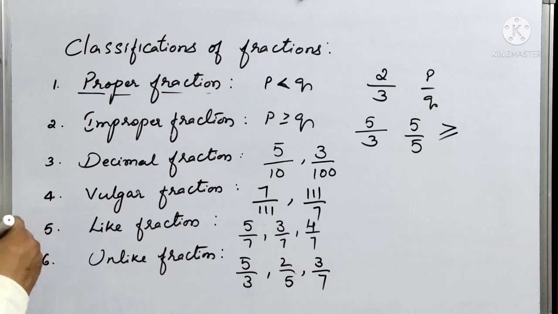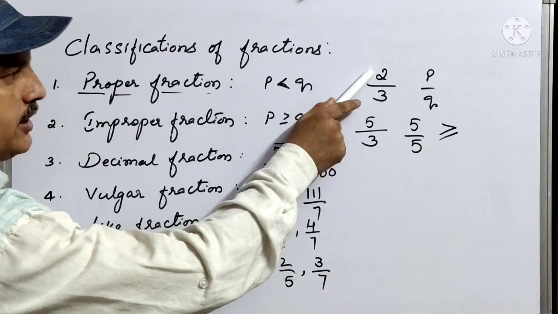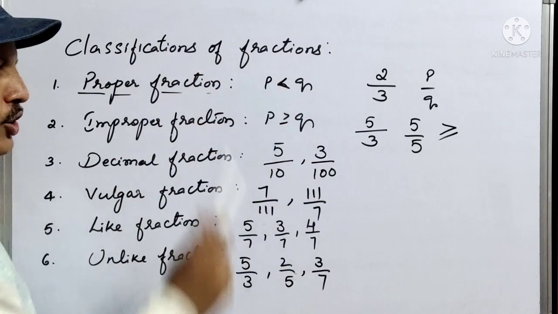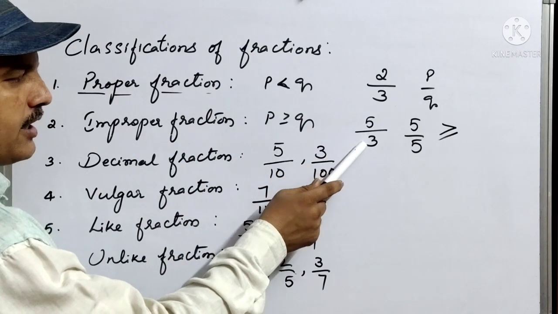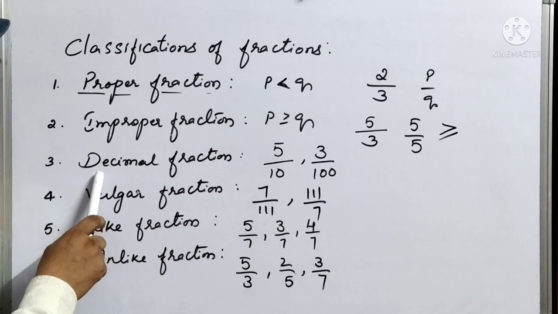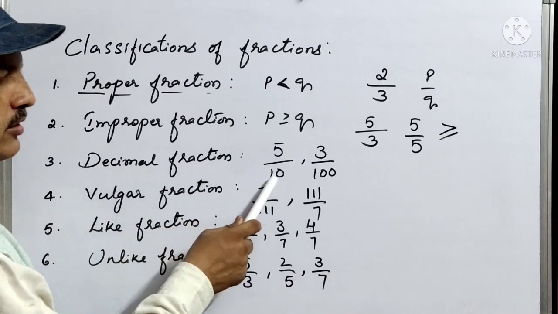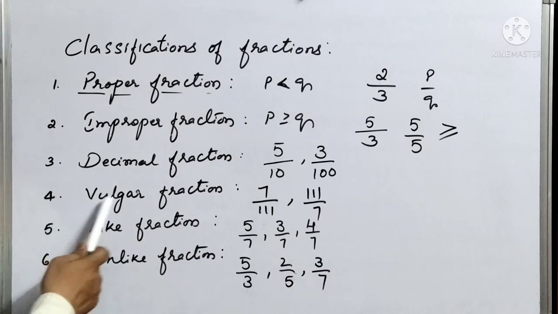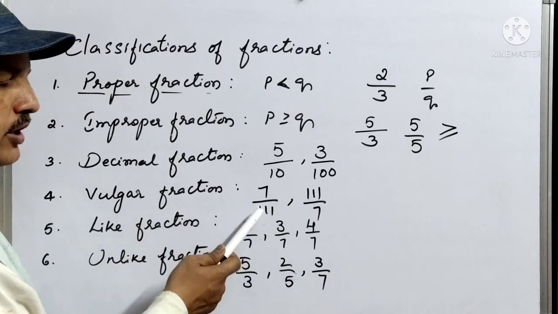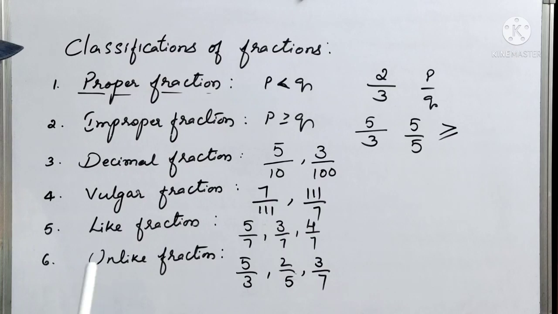Okay. Now proper fraction means what? Numerator is less than denominator. Improper fraction is numerator greater than denominator. Decimal fraction means the denominator should be a multiple of 10, whereas vulgar fraction means the denominator should not be divisible by 10.